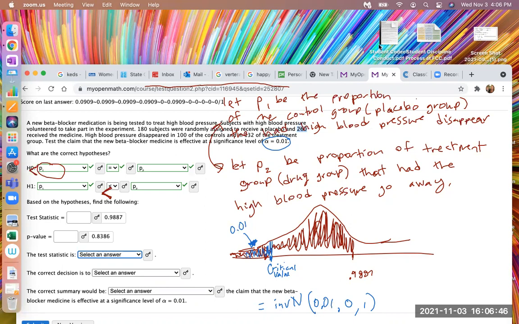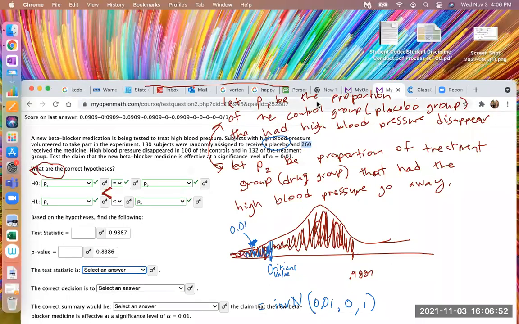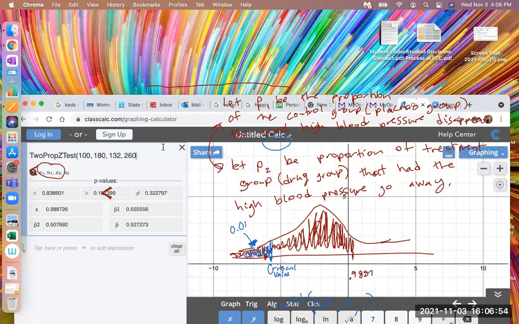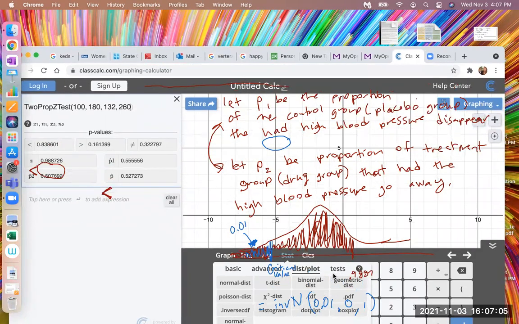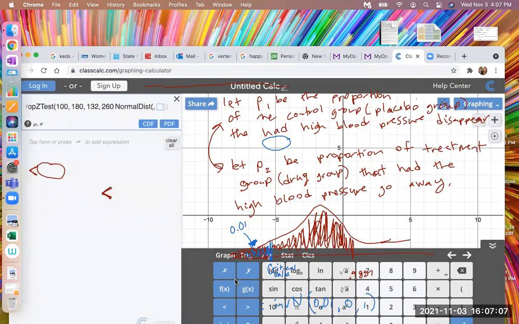And I could do that. Let me do that calculation really quickly. On your TI-84 calculator, you just do distribution, then inverse norm. This one I have to do normal distribution.